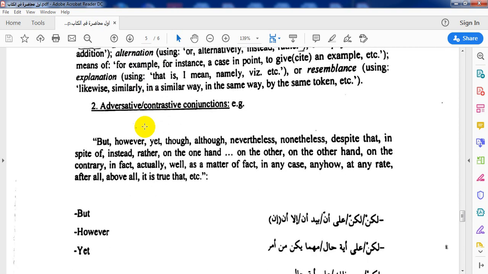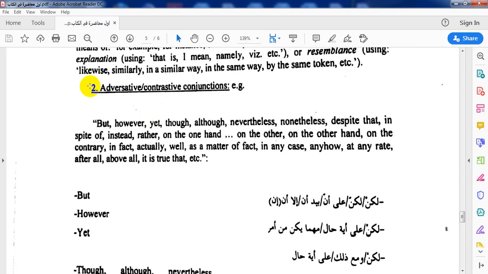The next type of connectors or conjunctions is adversative or contrastive conjunctions.